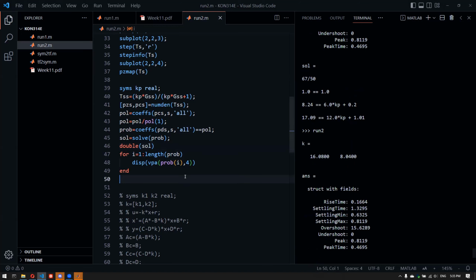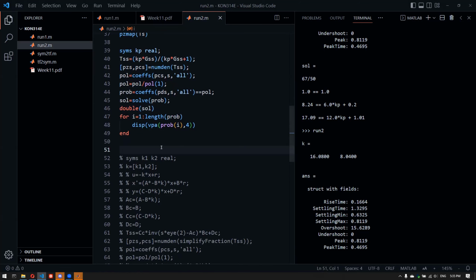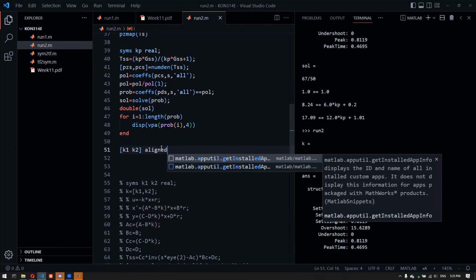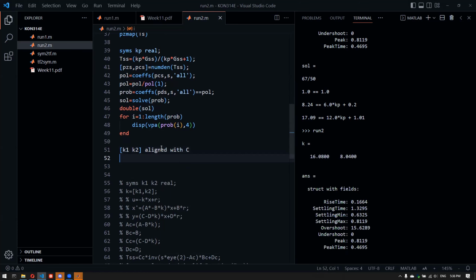So we can conclude the following. The root locus changes its meaning, or we can change the meaning of the root locus now. We can say that if the state feedback matrix K1, K2 is aligned with the output matrix C, then there's a p-type controller that we can basically design using the Ackermann formula or using conventional methods like root locus.